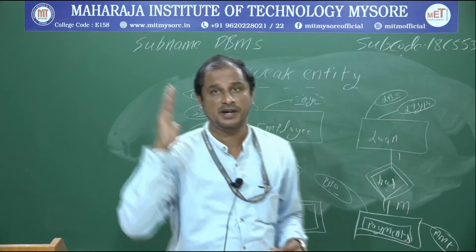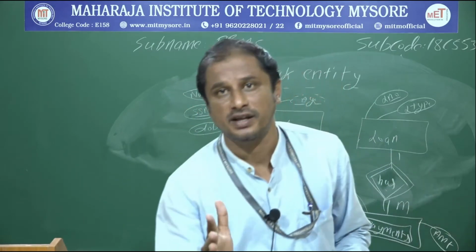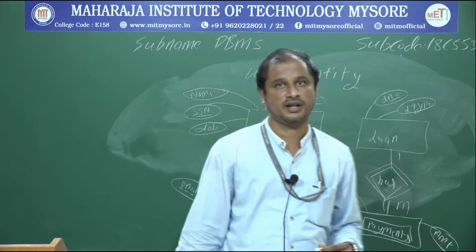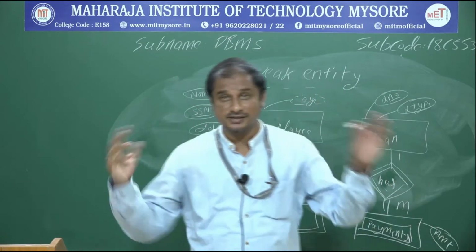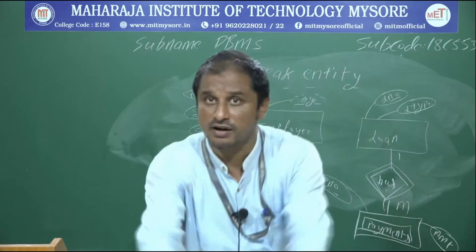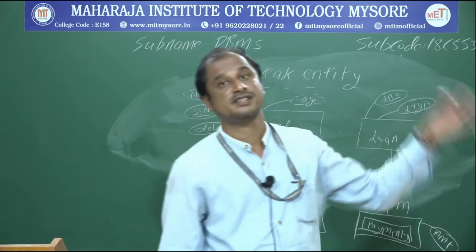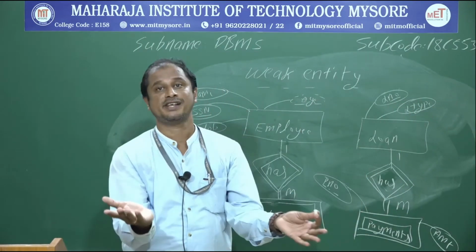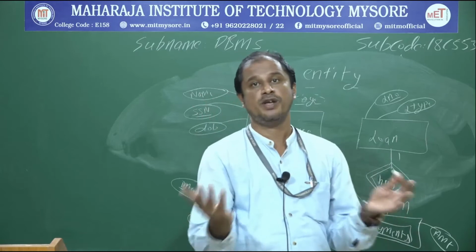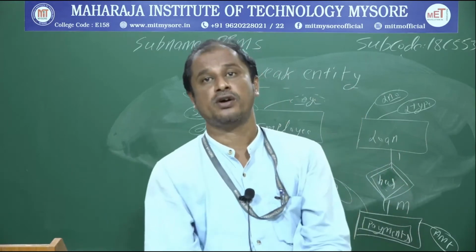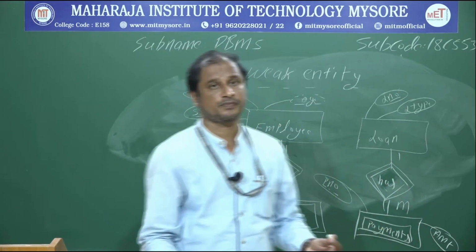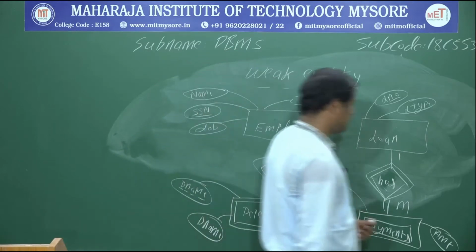In a bank database, payment can be called a weak entity, right? If I consider a bank or its branches providing loans with payments, payment can be called a weak entity, because it completely depends on the loan number primary key.